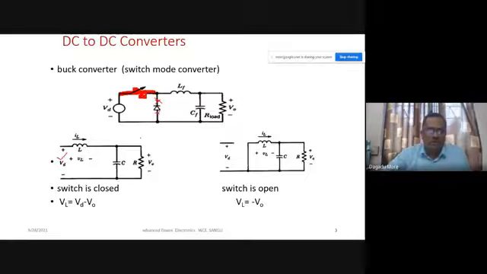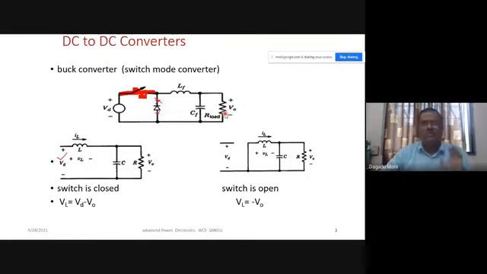This is the position we have shown here when the switch is closed. When the switch is closed, VD is connected to the inductor, and on one side of the inductor the voltage is VD. On the other side, under steady state for a particular duty cycle, the output voltage is constant, VO. So one side of the inductor is at plus VD, and the other side is at plus VO.